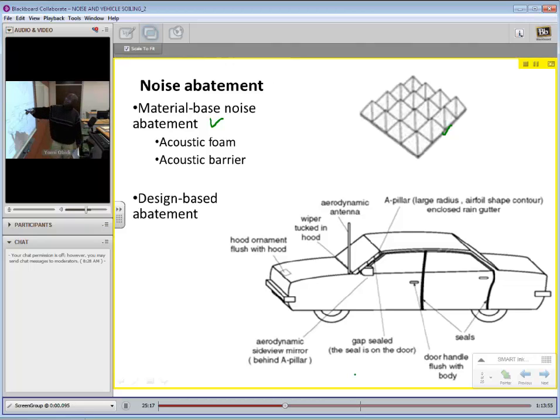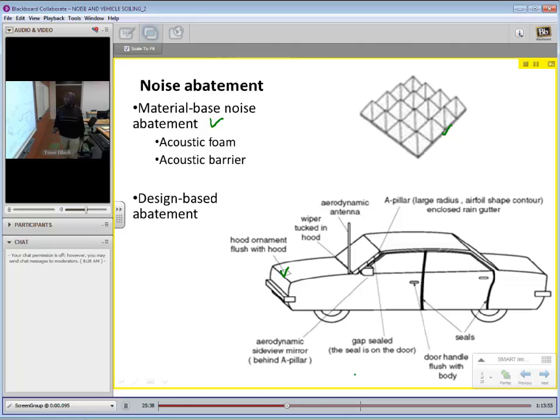That's material-based noise abatement. For design-based noise abatement, one of the things we can do is look at the vehicle as a whole and look at the locations of the different aspects. Let's start from the leading edge, the hood ornament: have it flush with the hood.